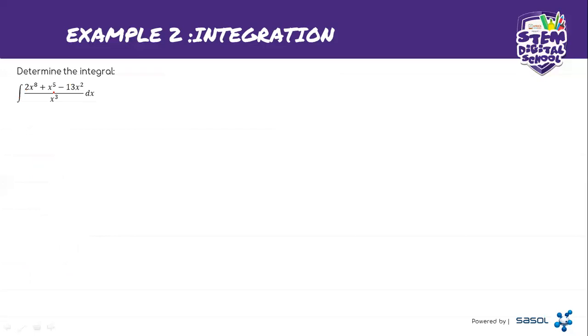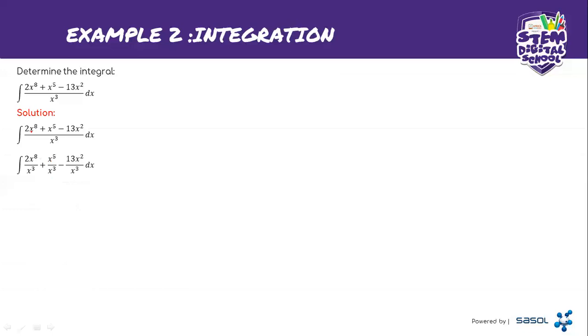Like I said, before you can integrate, you have to rewrite what you are having, so that you get rid of the division sign, you get rid of brackets, and the last one, I think we're going to be getting rid of the root sign. But this one, you can see that we have a division sign. Then we're going to rewrite it and see.